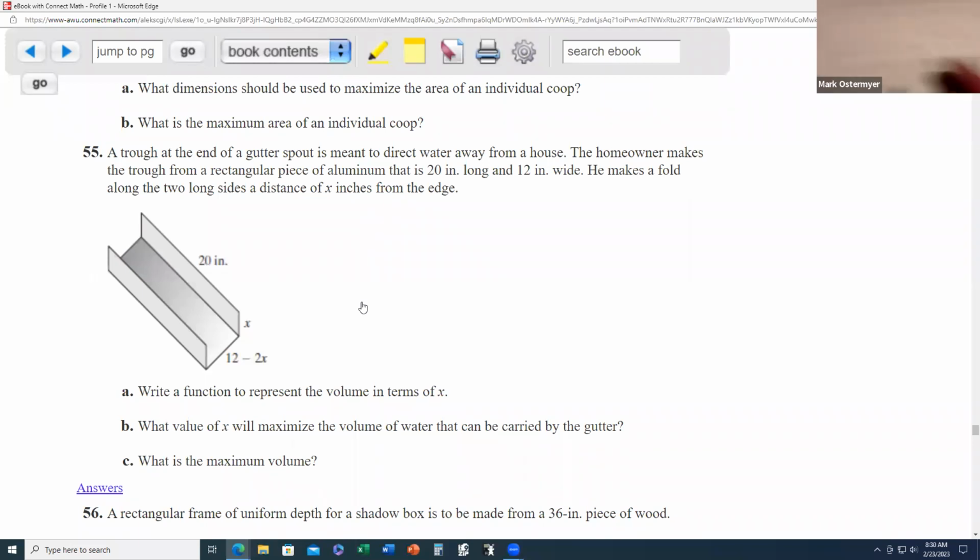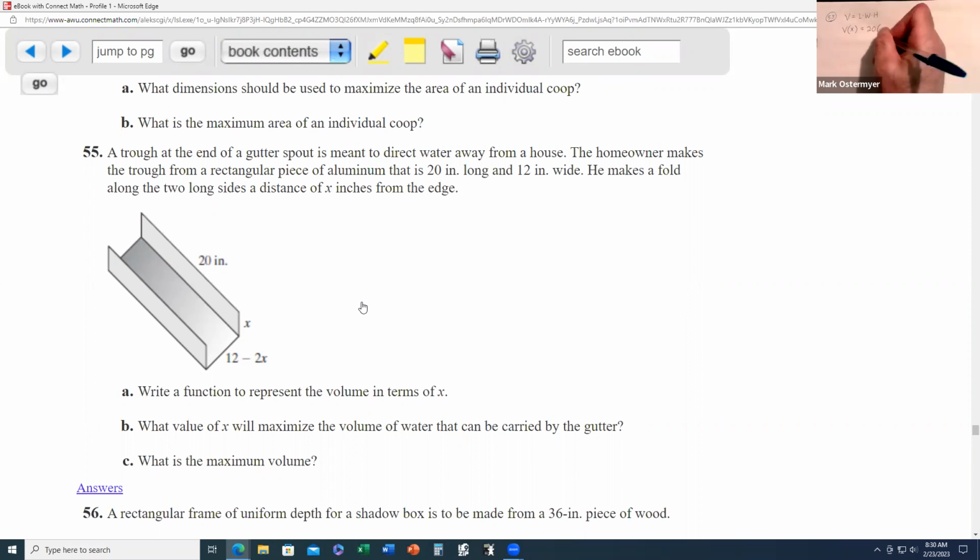So as I went for number 55, how do we compute the volume of essentially a box? The volume of a box is computed by taking the length times the width times the height. And so we can develop a volume function here. And this volume function is going to be a function of x alone, because my length is going to be 20 inches times the width.